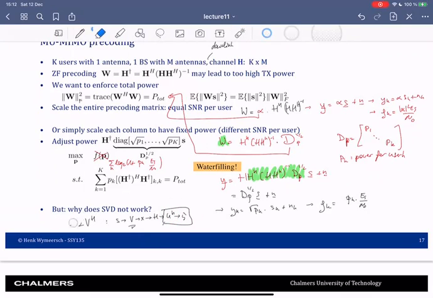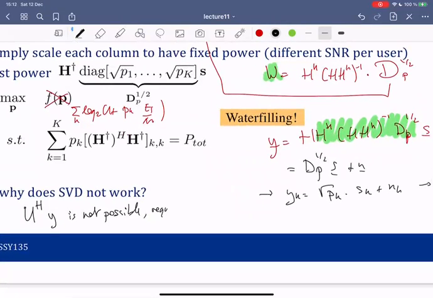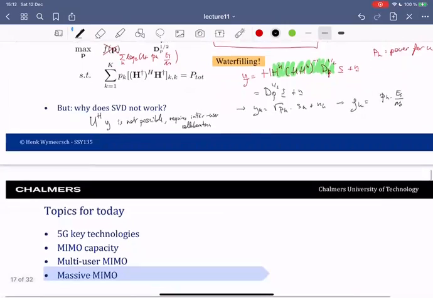So the answer then is that, now I forget which matrix it was, but U Hermitian of the observations is not possible, because it requires inter-user collaboration. So that's why we cannot use SVD in this context.